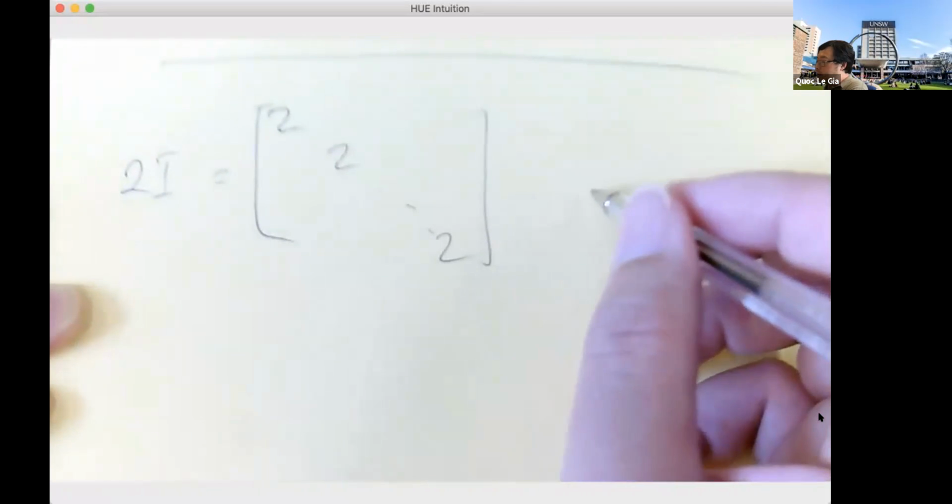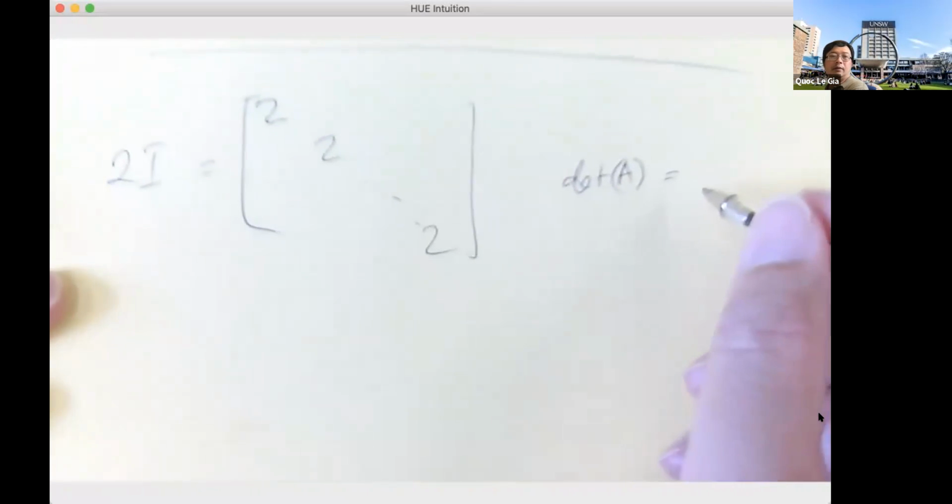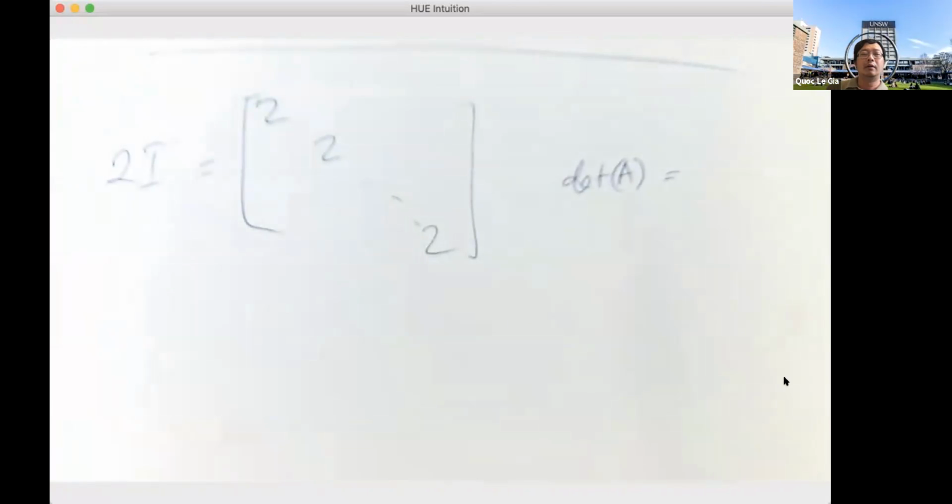Then the determinant is what? So what is the determinant here?